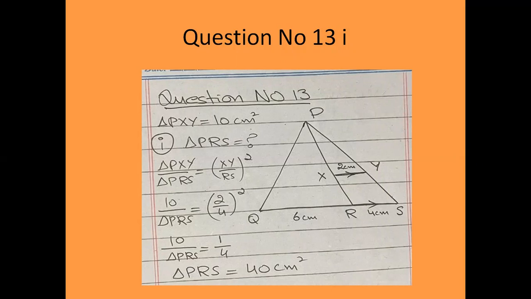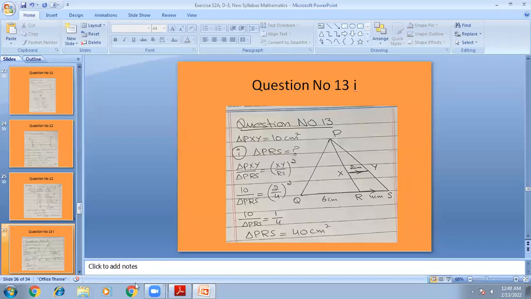So 10 by the triangle PRS is equal to 2 and 4. As you know, this 2 and 4 can be cancelled, 1 by 2, and then you take the square. 1 square is 1, 2 square will be 4, then cross multiply. So the triangle PRS, its area will be 40 centimeter square.